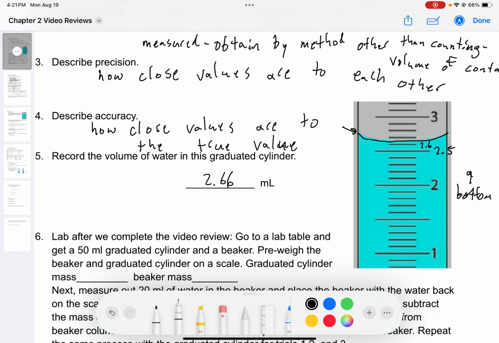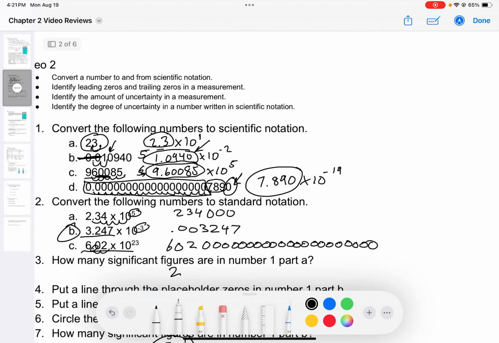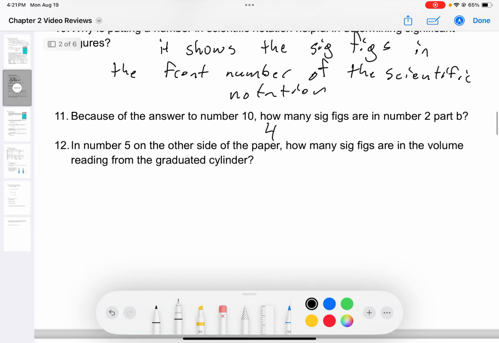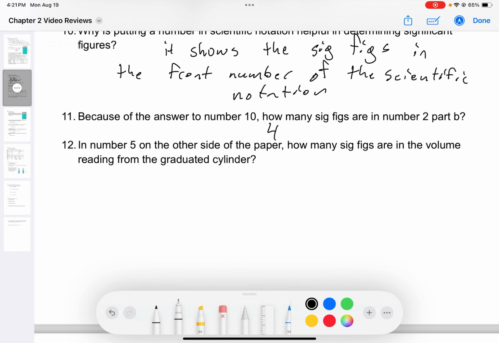We knew it was between 2.6 and 2.7, but we made an educated guess at the next decimal place. So this was our volume, 2.66. Well, look at those values. We have 3 numbers there, 2, a 6, and a 6. So that means the answer to our final question here on the video 2 review is that there are 3 sig figs in that number.